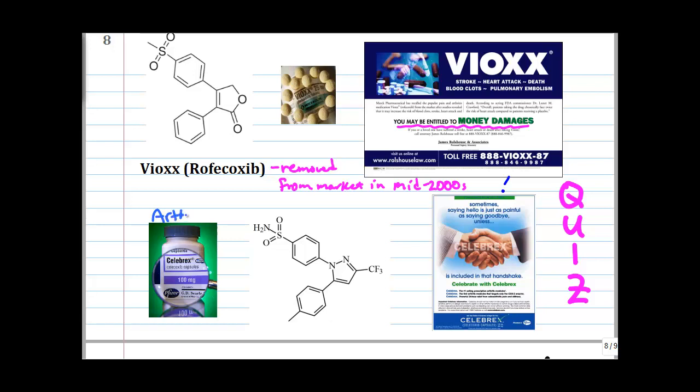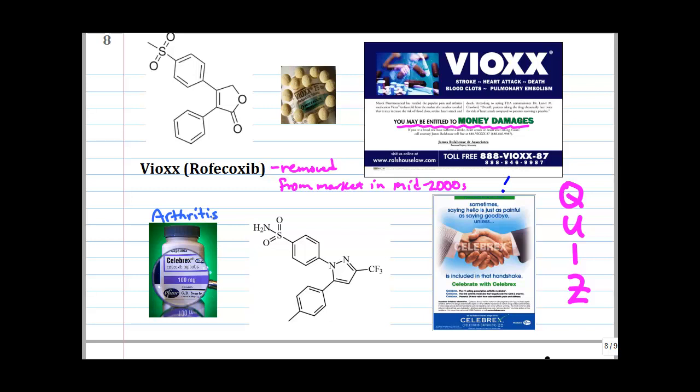So ladies and gentlemen, if you have severe chronic arthritis and Celebrex is the only thing that will relieve your pain, is it worth it to you to have an increased risk of heart attack to relieve your pain? And the answer to that question for some people is clearly yes, it is worth the risk. People who take Celebrex have to be monitored fairly closely for their cardiovascular health.